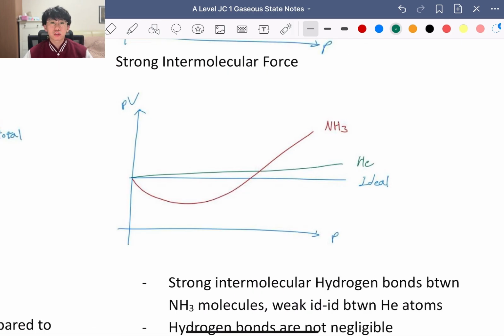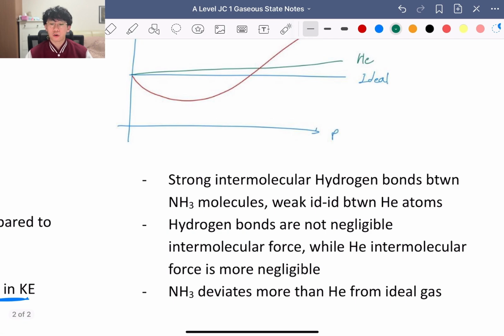Now what about if you have strong intermolecular forces between your gas particles compared to weaker intermolecular forces? A typical example is NH3, ammonia, against helium. When you have stronger intermolecular forces like hydrogen bonds, for example, this already means that your intermolecular forces are less negligible, and therefore your gas would behave less ideally and deviate more.